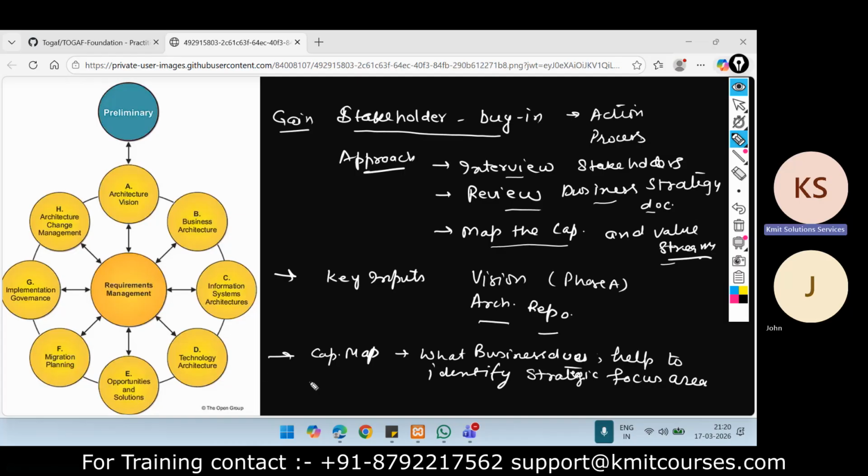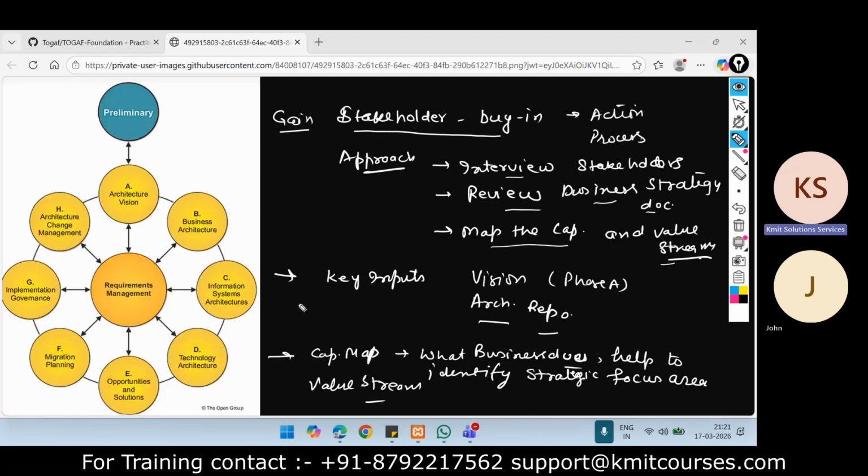Then we are having value stream mapping. It basically maps how the value flows through the organization from the stakeholder point of view.